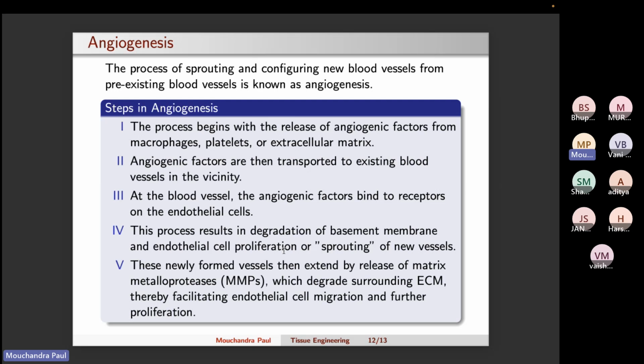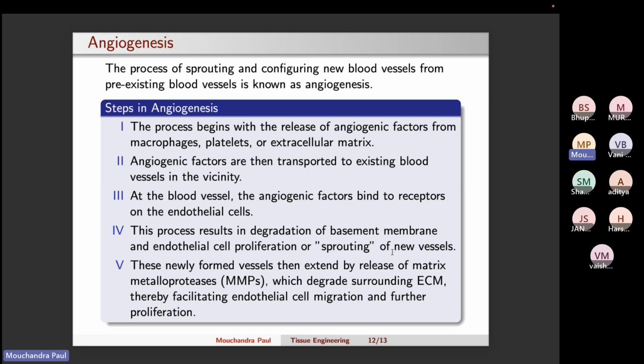The new cells need space, right? So degradation of the basement membrane helps, and they start proliferating and sprouting. If you have seen a sprout, how a small root-like structure starts growing, similarly, that kind of phenomenon happens here as well.